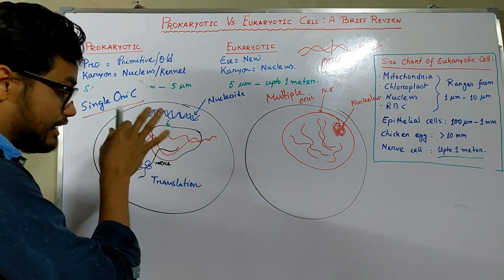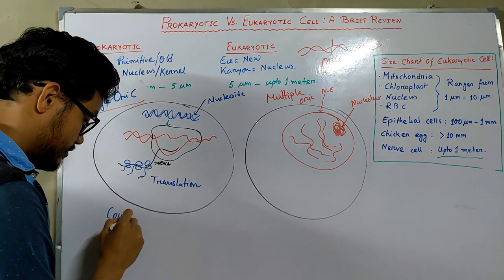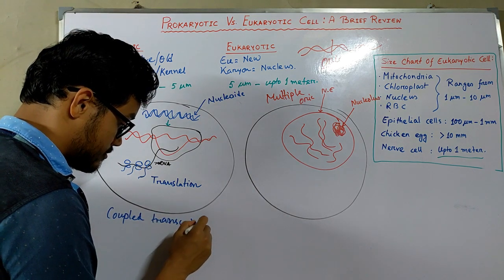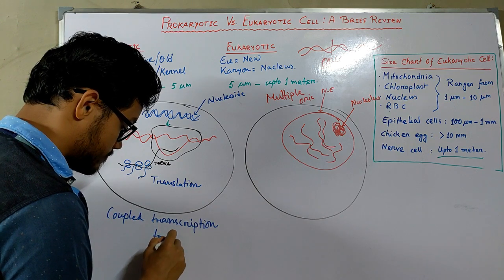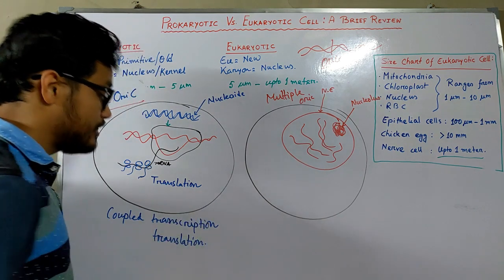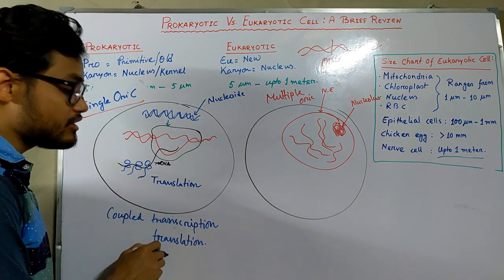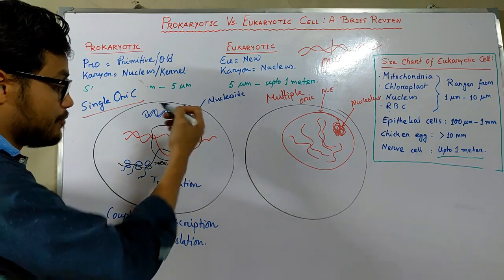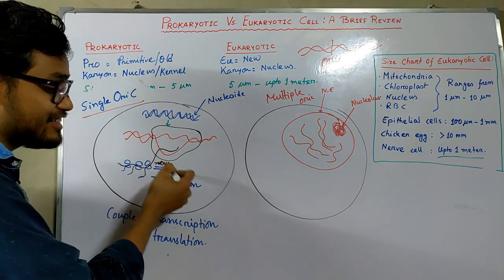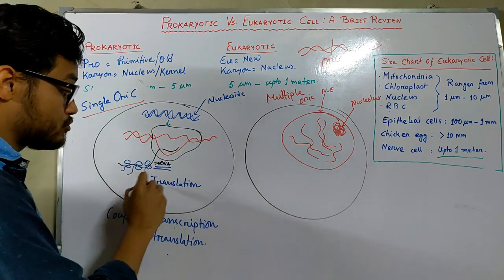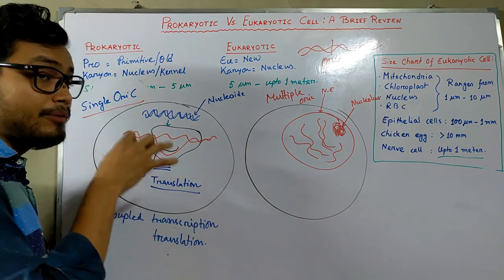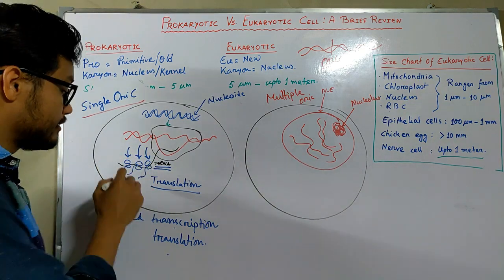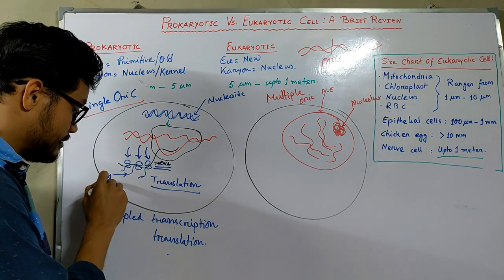This mechanism is known as coupled transcription-translation. In that case, transcription and translation occur simultaneously, at the same time. When RNA polymerase makes a new mRNA, this mRNA proceeds to translation, meaning ribosomes immediately bind to this mRNA and polypeptides are formed.